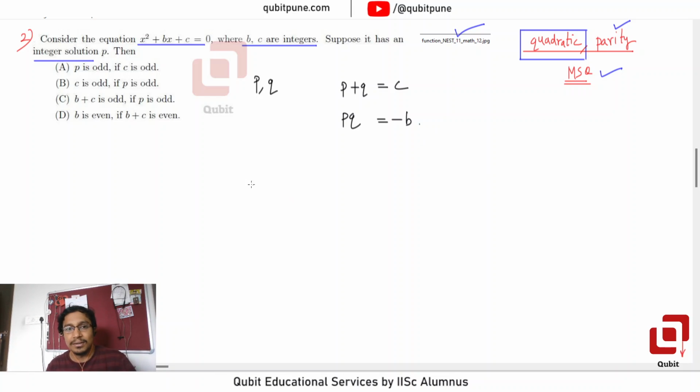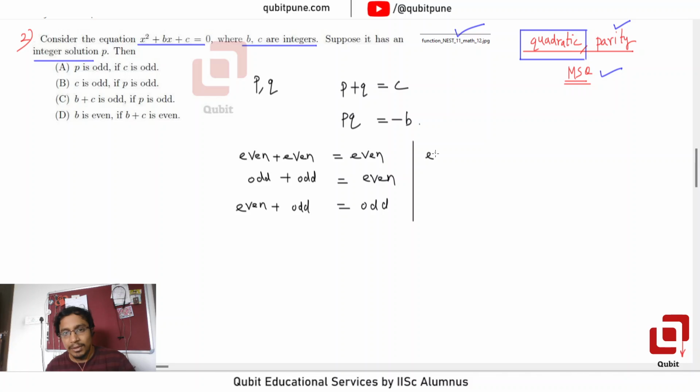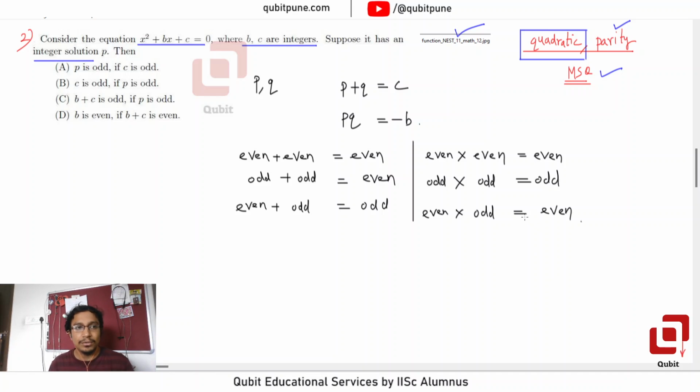Second thing is that even plus even is even, odd plus odd is even, even plus odd is odd, even times even is even, odd times odd is odd, no matter what the sign of the number is, and even times odd is even. This is what you need to solve this particular problem.